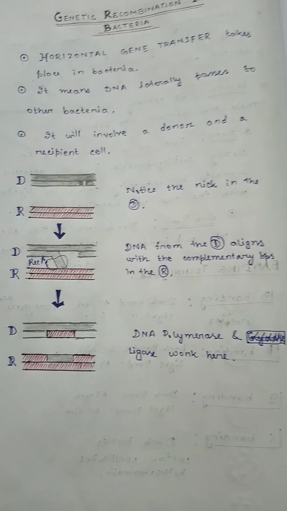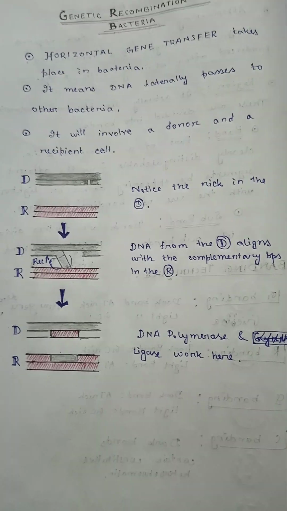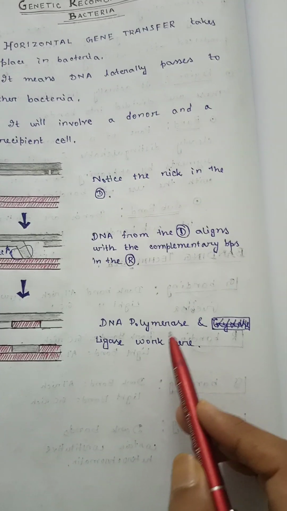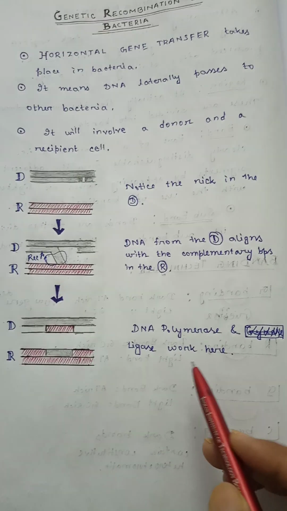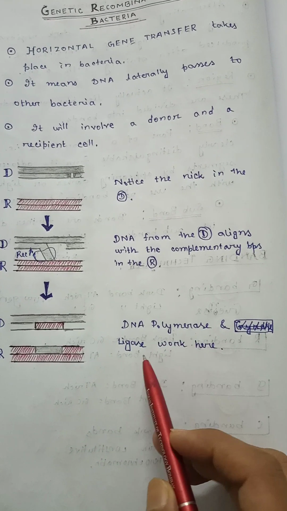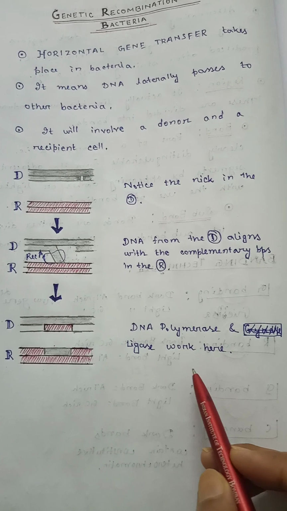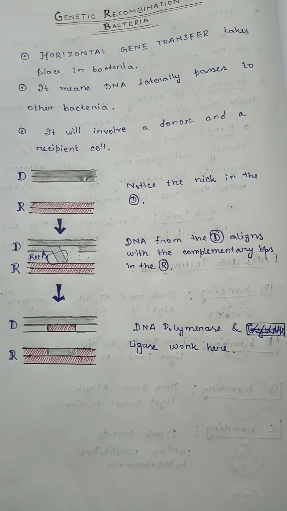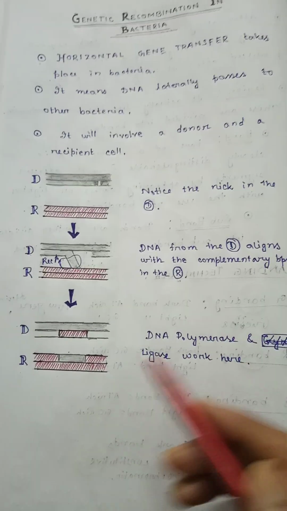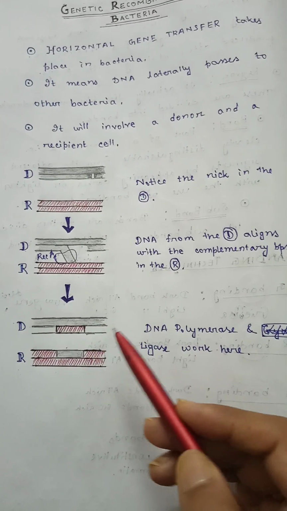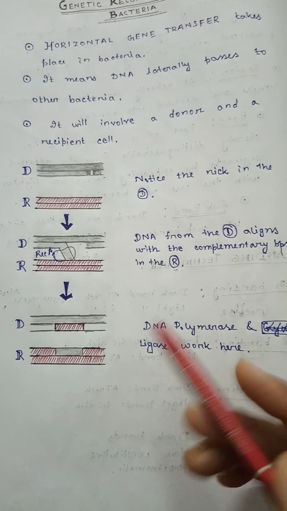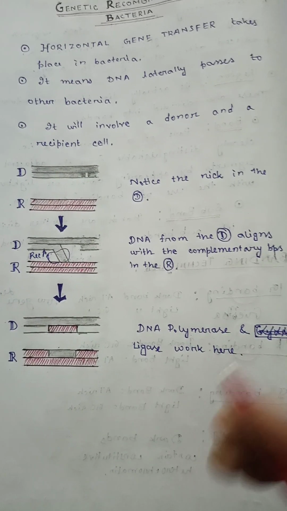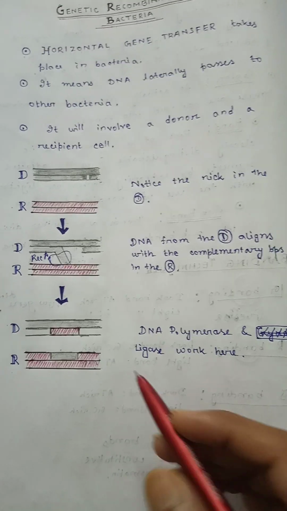These complementary base pairs between the two strands will be resolved by DNA polymerase and ligase. That's why I have written here that DNA polymerase and ligase work here. Now the recipient in these cases can have one or more new genes. Here I have just drawn a simple diagram to make you understand, but it can be with so many new genes for the recipient.